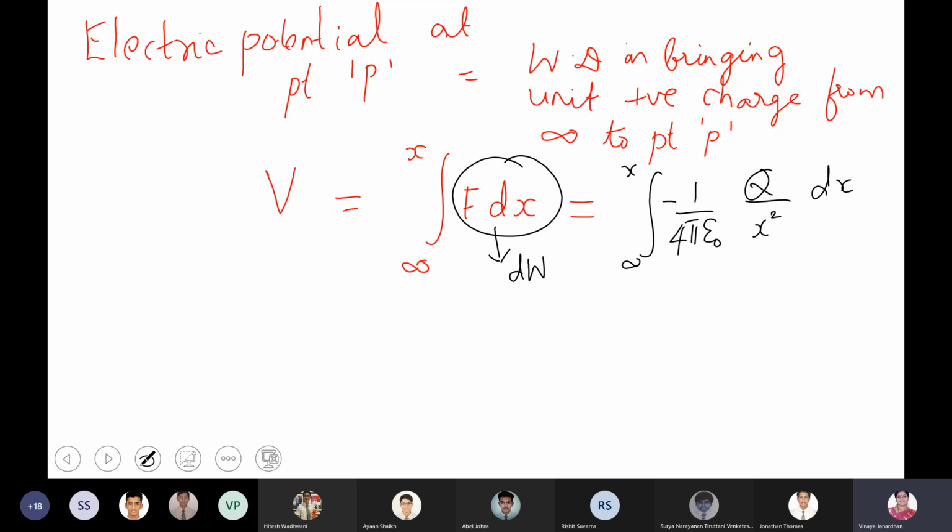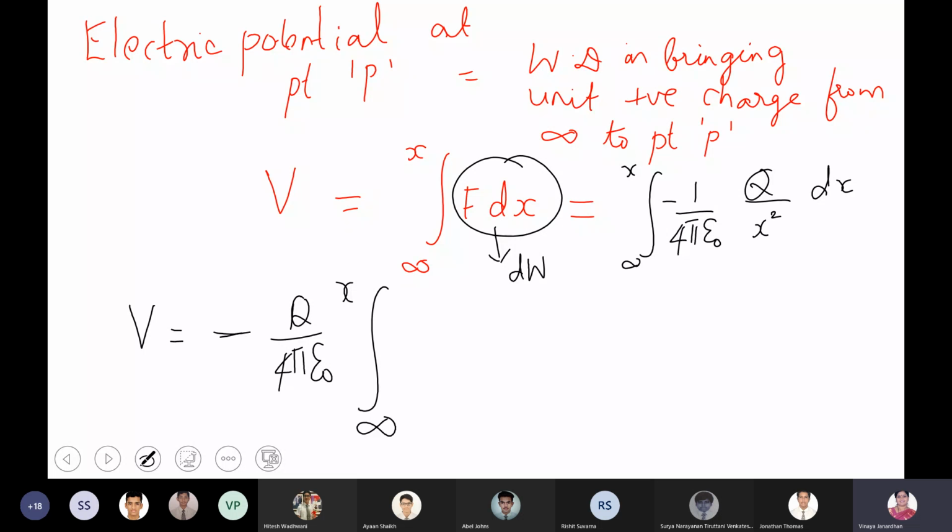Now which are the constants which I have to take outside the integrand? I'm taking these quantities outside the bracket: 1 by 4 pi epsilon naught, Q, and the integral from infinity to x, letting the negative sign be outside.